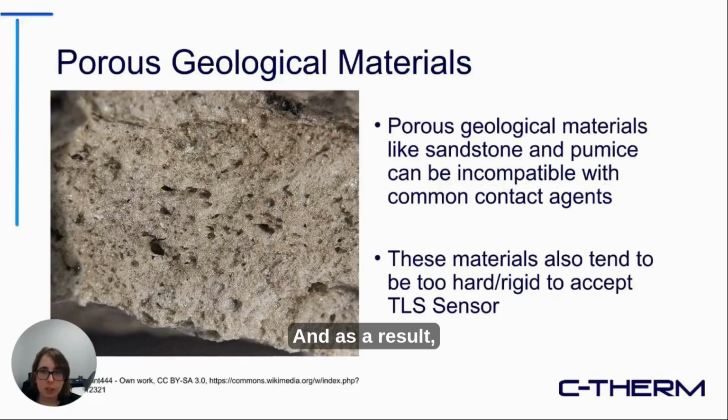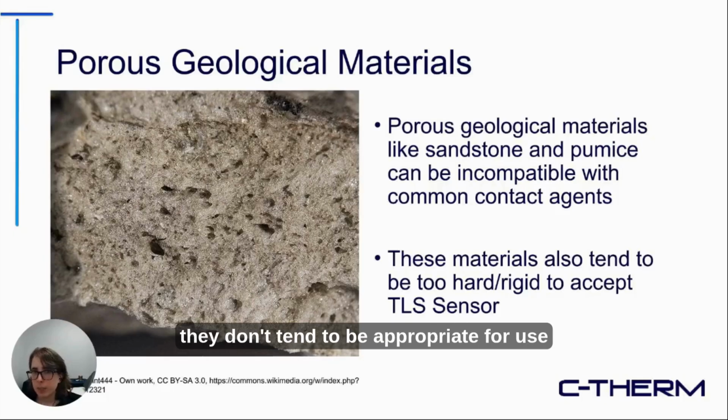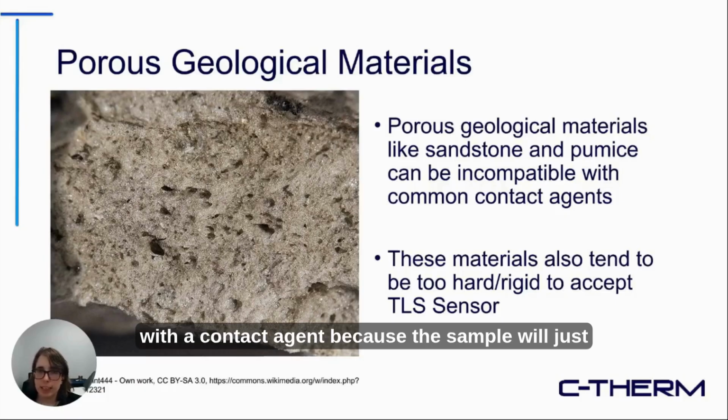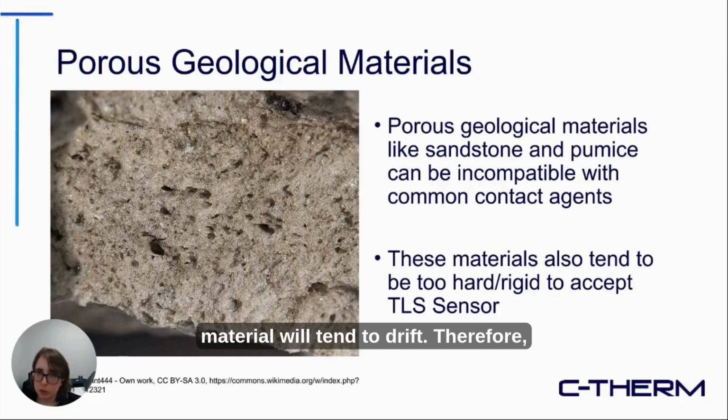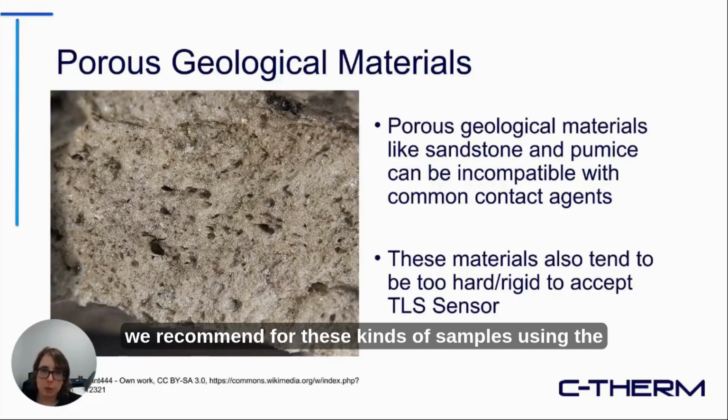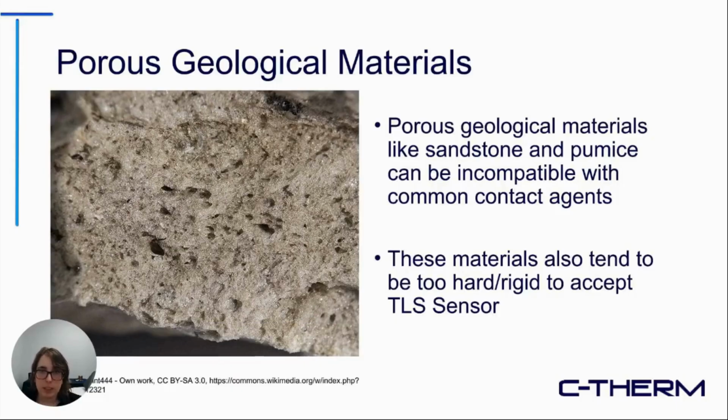And as a result, they don't tend to be appropriate for use with a contact agent because the sample will just absorb the contact agent into its structure and the thermal properties of the material will tend to drift. Therefore, we recommend for these kinds of samples using the TPS method.